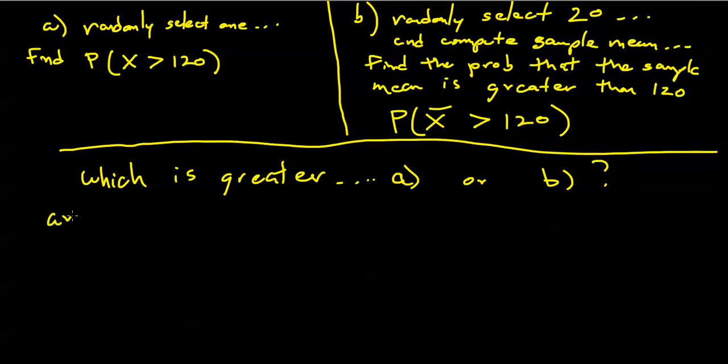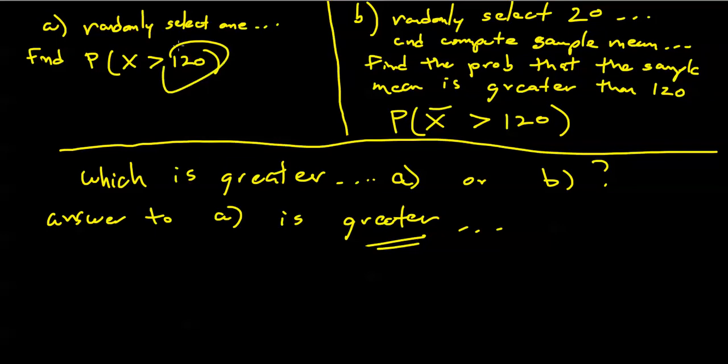The answer to A should be greater. And the rationale is kind of simple. Let me talk about it informally. If the mean is 100 and the standard deviation is 15 for all IQ scores, 120 is certainly above average, is it not?